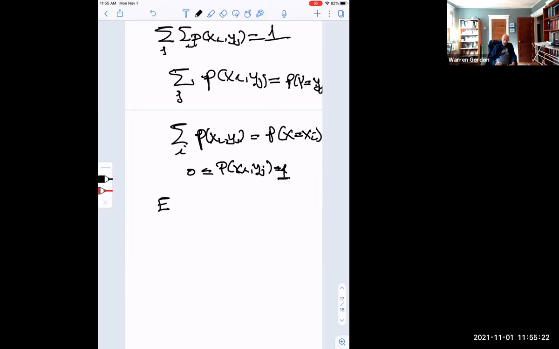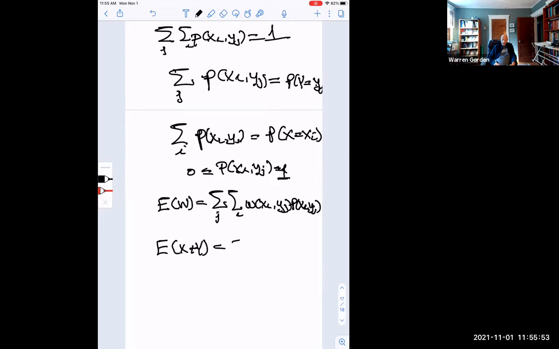We defined the more general expectation. So we just generalize the definition of expectation to any number of random variables. Here, 2, but if I want to go to 3 random variables, that would work as well. It then follows that E of X plus Y for a joint distribution like this is equal to E of X plus E of Y. And this generalizes to any number of dimensions.